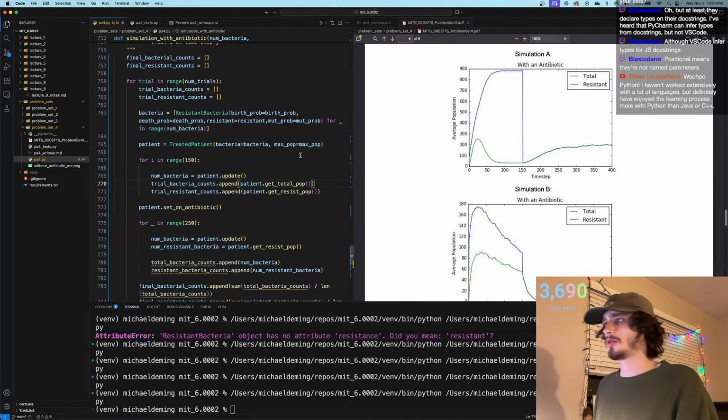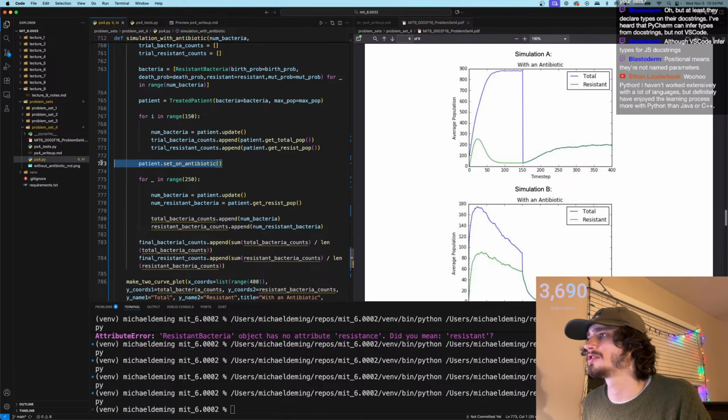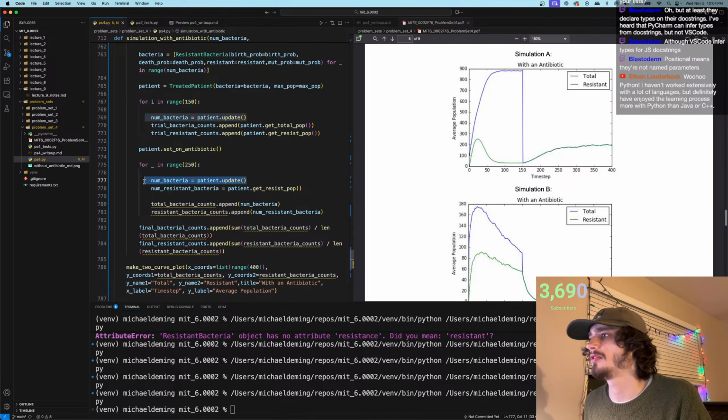Population. Right, we'll get that and we'll append it. And we'll set the antibiotic, call update to this, call number of resistant bacteria.